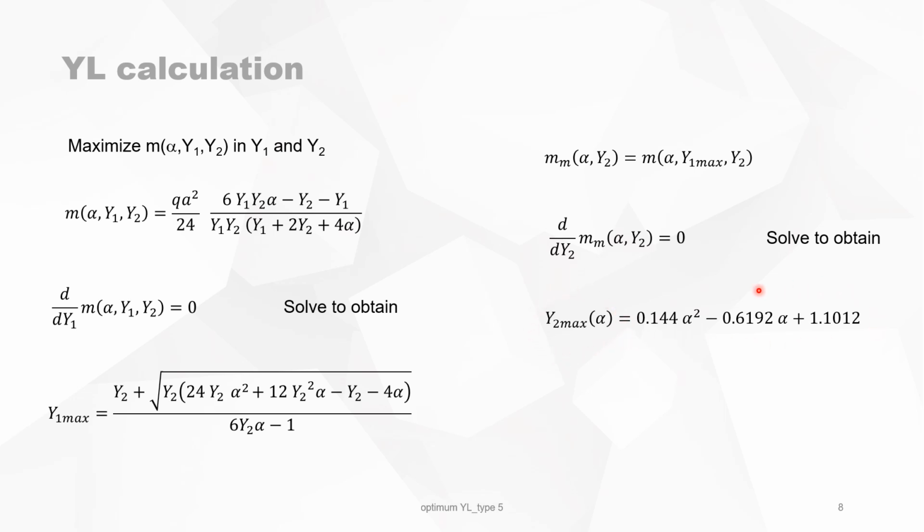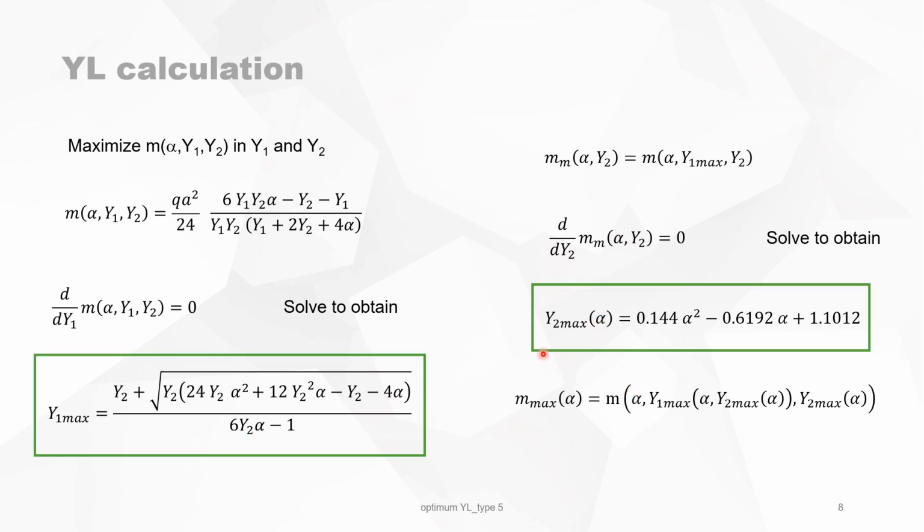And that's the result of the approximation of the regression. So M max will then be the general formula of M, but substituted with y1 max and y2 max, knowing that y1 max is a function of y2 max and also a function of alpha. Writing this explicitly in alpha is too lengthy to write down on a couple of slides, so we'll use this method.